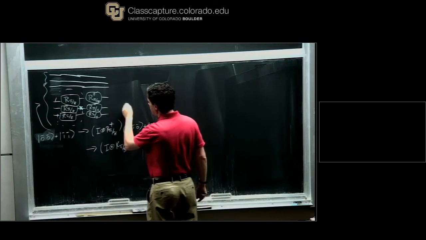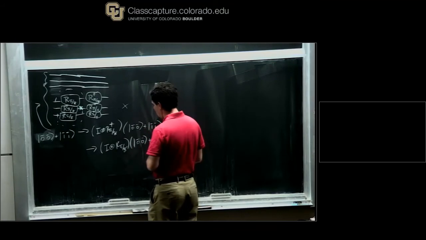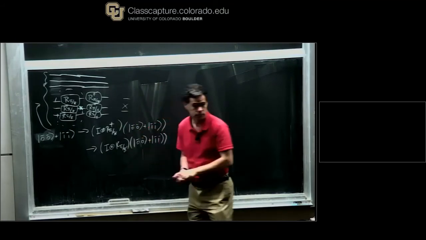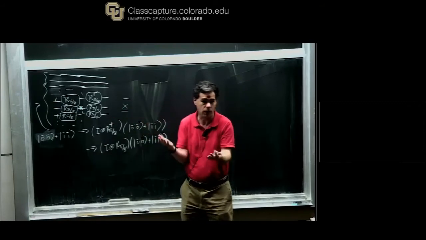And so that means that the state we get out will have an error on this qubit. The other qubits will be fine, though. OK? And because we're only doing transversal gates, this error is not going to propagate anywhere else.